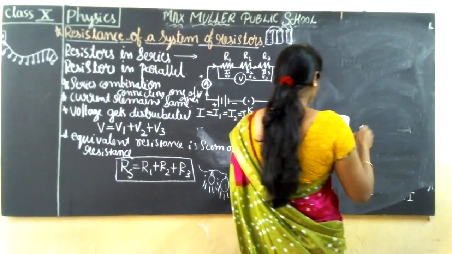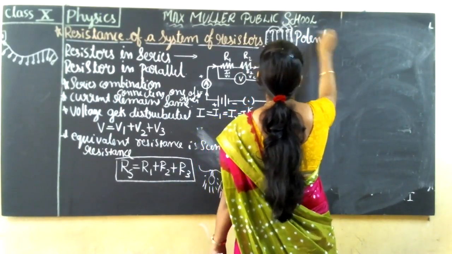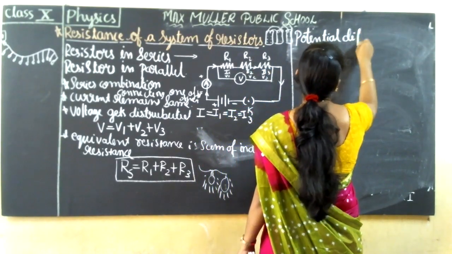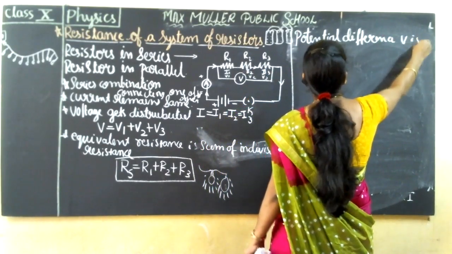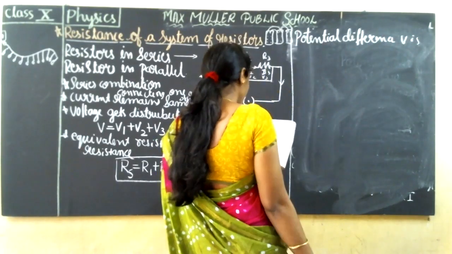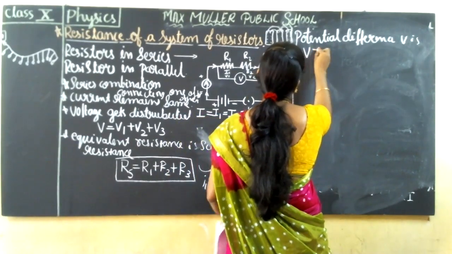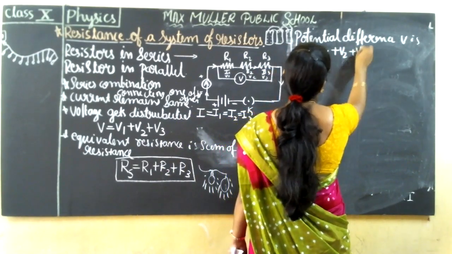So potential difference V, as I told you already, is the sum of the potential differences, that is V1, V2 and V3. So you can write V is equal to V1 plus V2 plus V3, right?